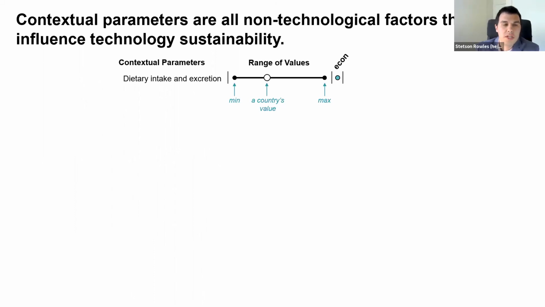Here we're denoting this range as this slide. So there's a minimum and a maximum, and those are the bounds for the range of values. And then a specific country's value falls within that range. And this will impact the economics of the project, as you can see on the right as econ there.